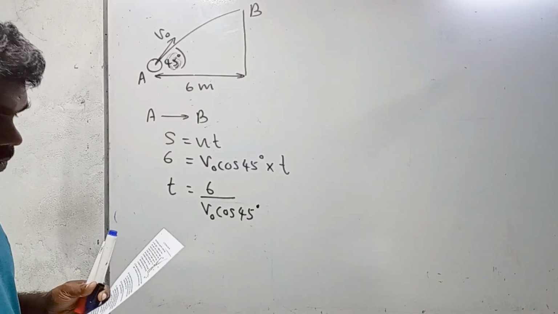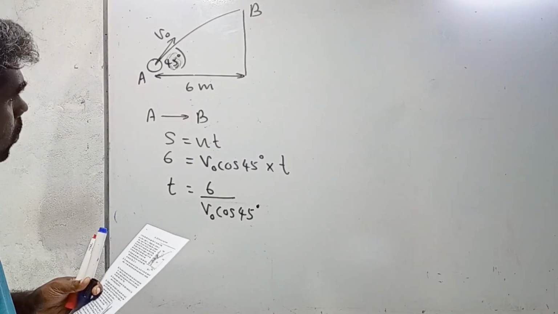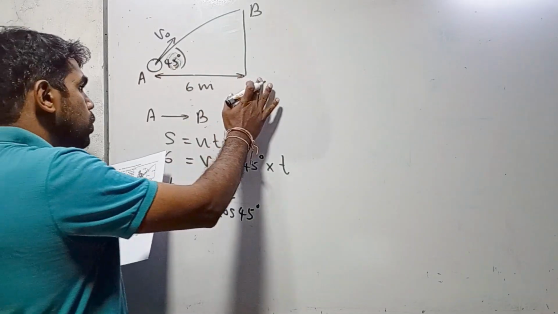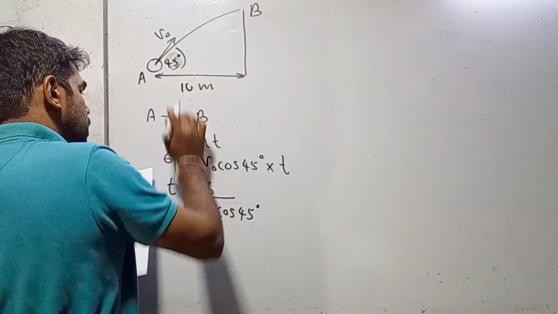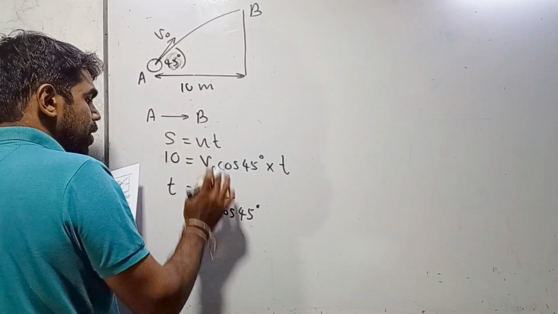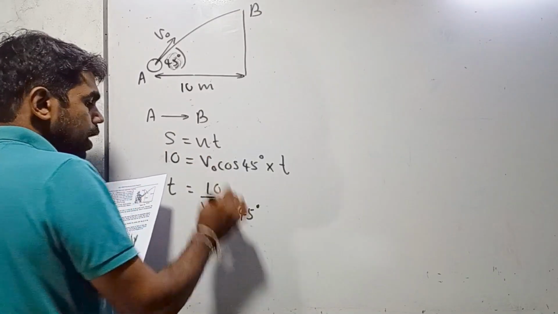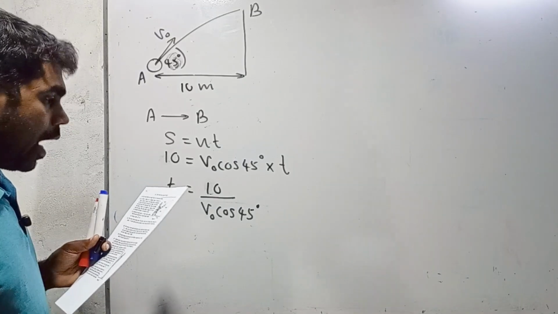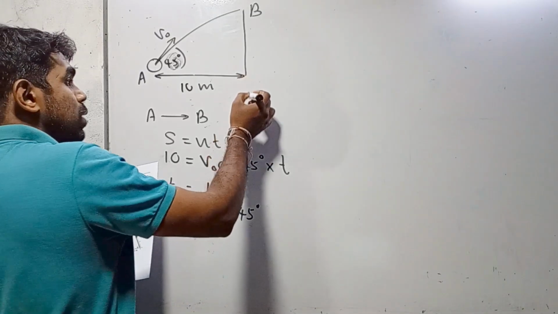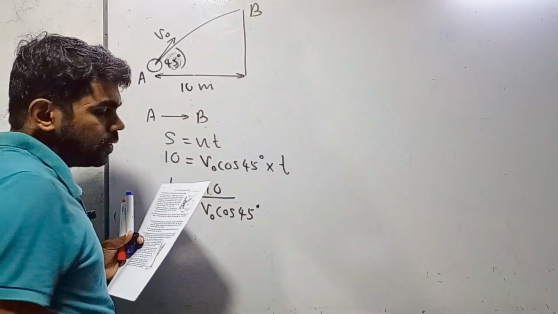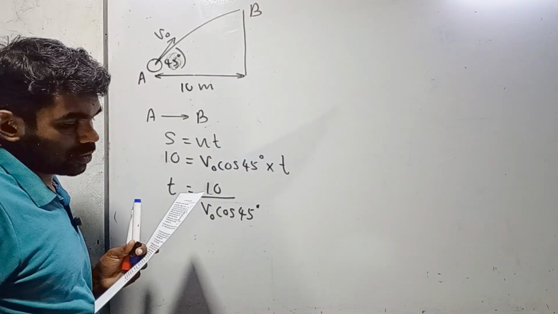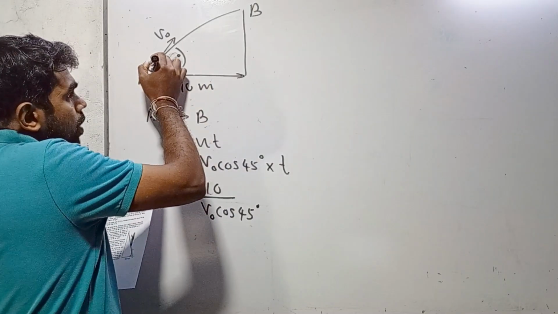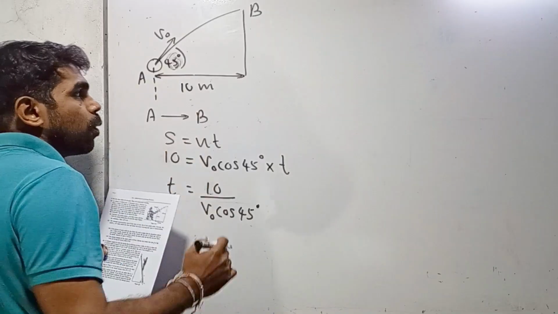Now, the gap between the ejecting point and the building is 10 meters, so S is 10 meters, and time is 10 divided by V0 cos 45. They have given the total vertical height of the target as 6 meters, but there is 1 meter of height below the ejecting point.